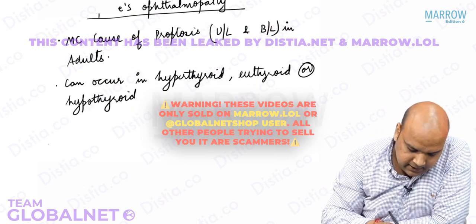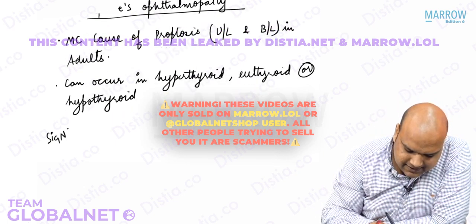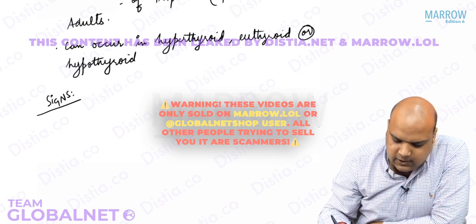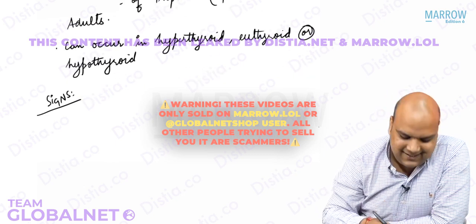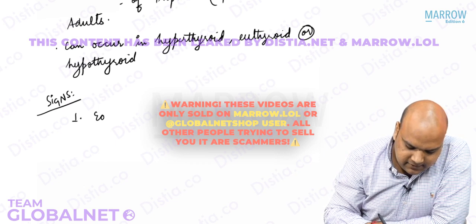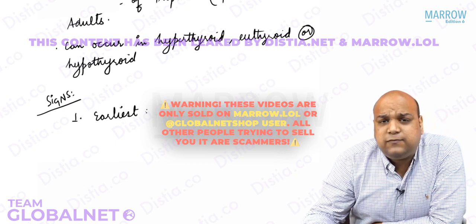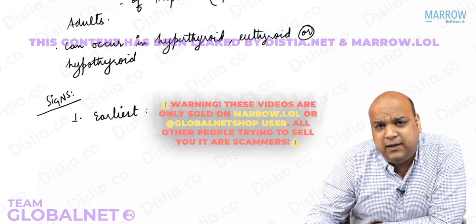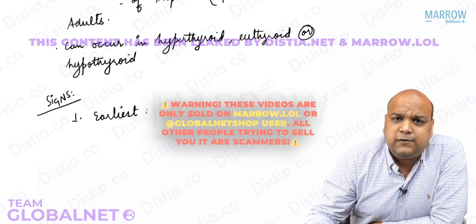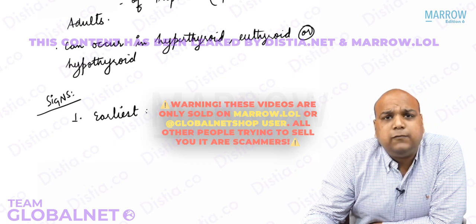Now, everybody, if I talk about the important signs, there is a whole list of names. Not going into that, just the important signs. Number 1, what is the earliest sign seen in cases of thyroid associated ophthalmopathy? A lot of us think Dalrymple, a lot of us think von Graefe. Both of them are wrong.